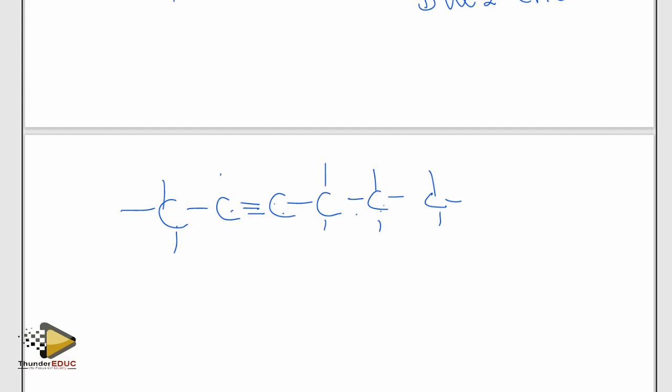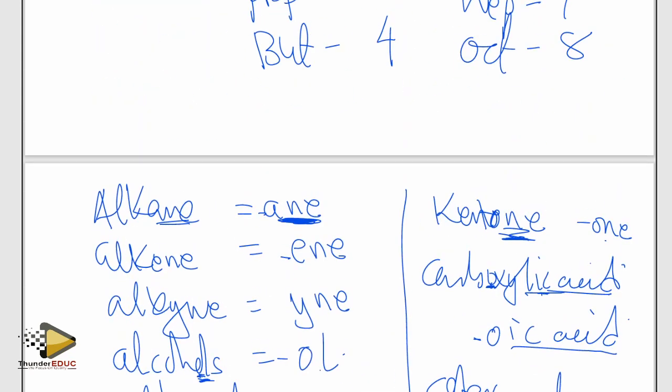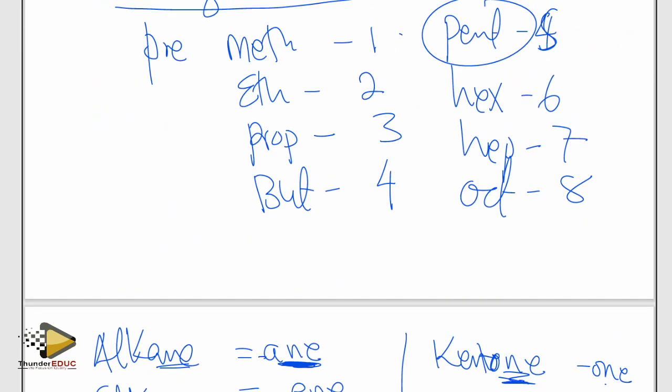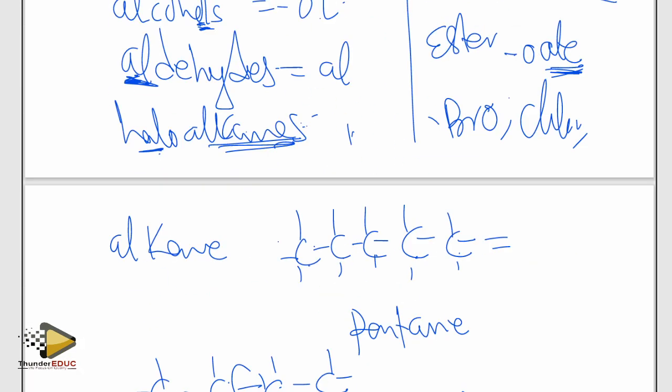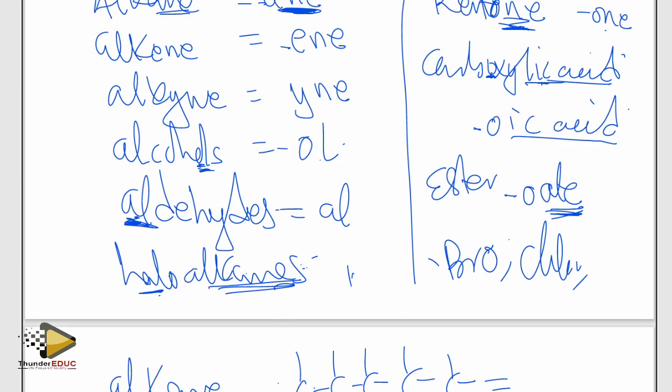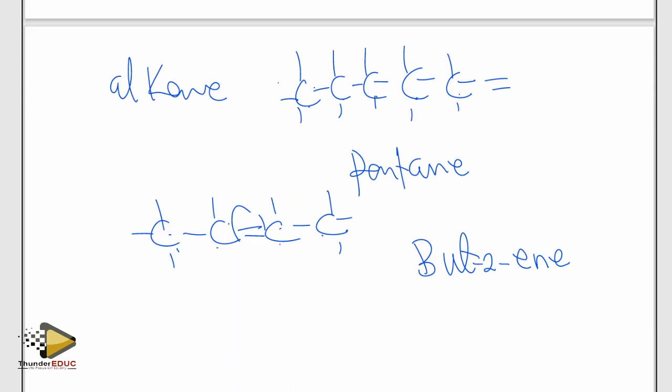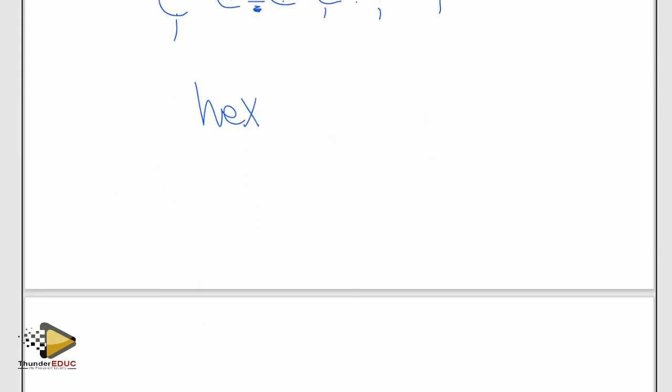So this one is going to be 6 carbons. What does 6 mean? 6 means hex. So hex is equal to 6. But I have a triple bond, which means an alkyne. The prefix is hex, but the suffix is yne. So I come here and add yne.